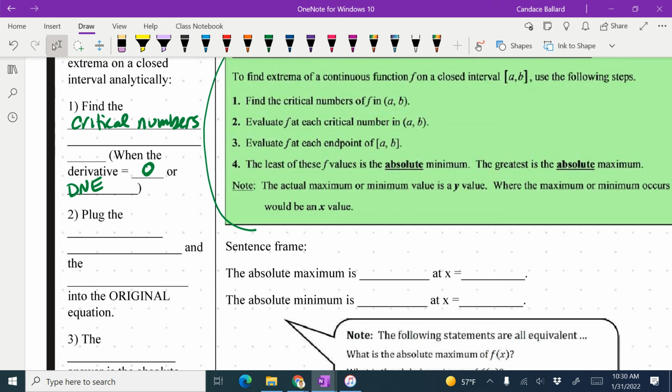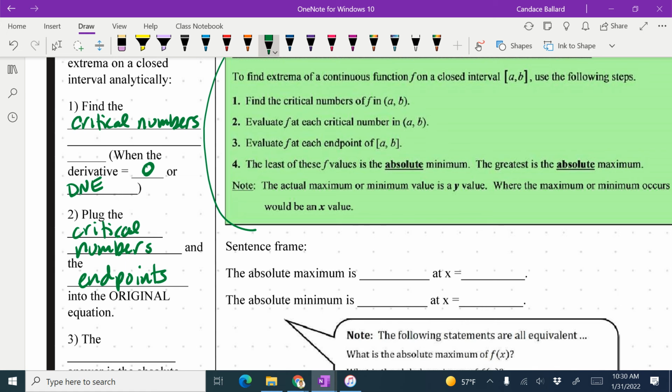Find the critical numbers. Then we're going to plug the critical numbers and the endpoints into the original equation. That's what 2 and 3 say. So plug the critical numbers and the endpoints into the original equation. And it's important that you're plugging into the original, not into the derivative.